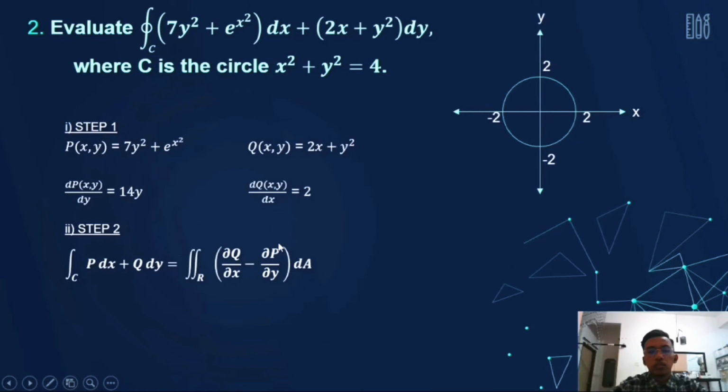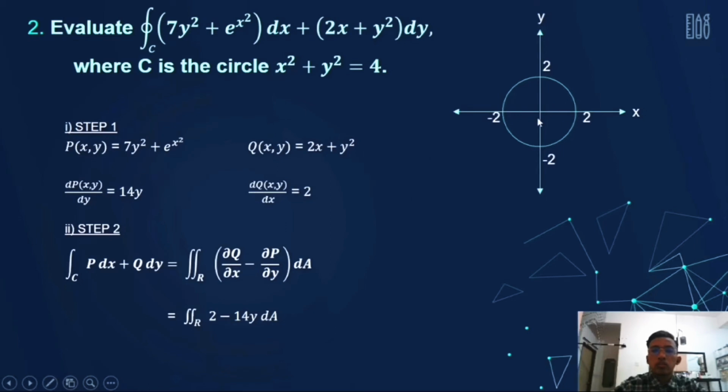From this formula, we know the derivative of the Q function over x and the derivative of the P function over y. After that, we substitute into this formula and we get a double integral of (2 minus 14y) dA.